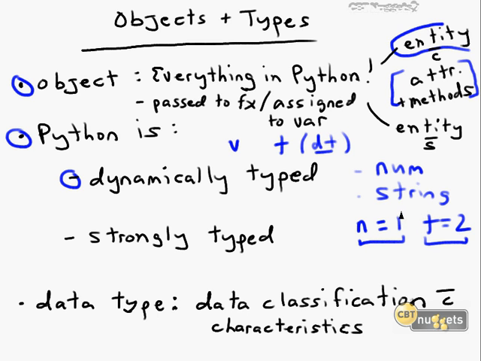So in this case, a 1 and a 2 are going to come back as integer data types. If we create a variable named s and we give it some kind of alphanumeric or character string, well, you know that that's going to come back as a string data type. Some old school programmers find the dynamic typing in Python frustrating. They want more rules, but we have to remember that Python was developed to be as easy to use as possible.